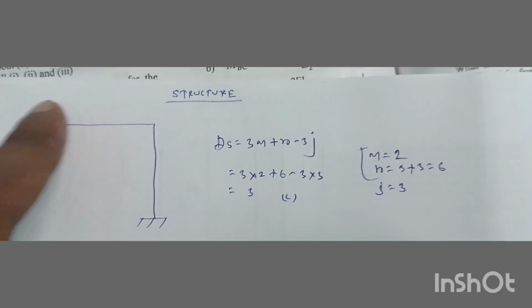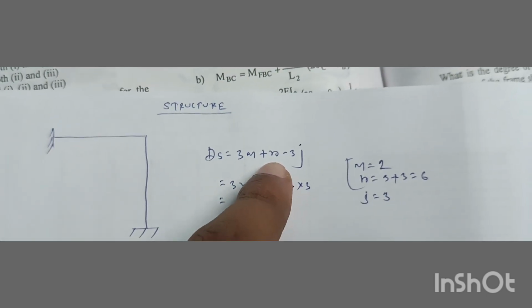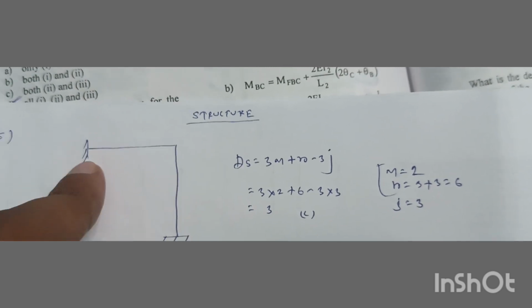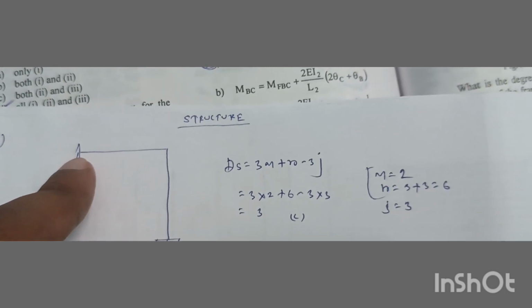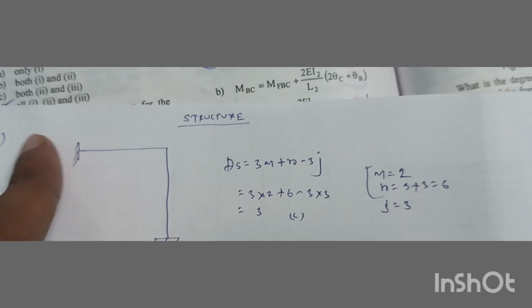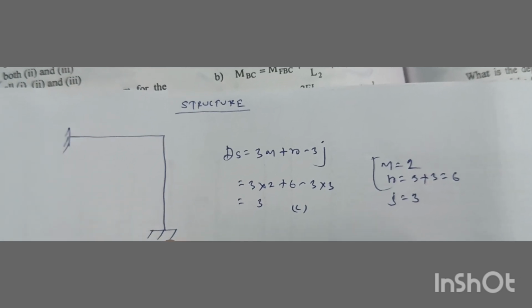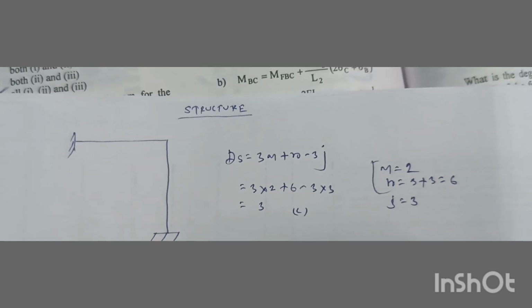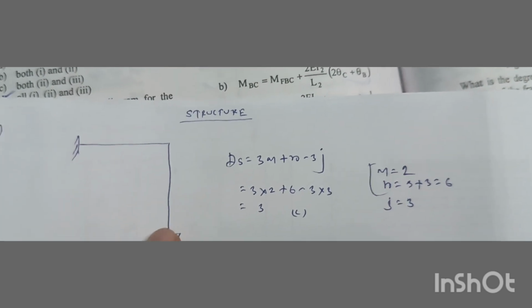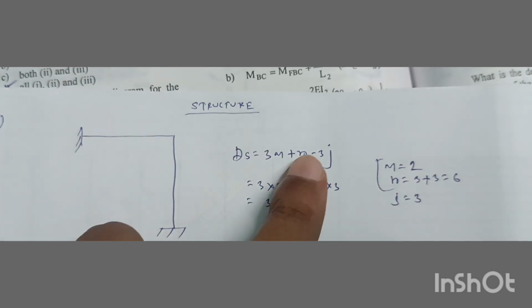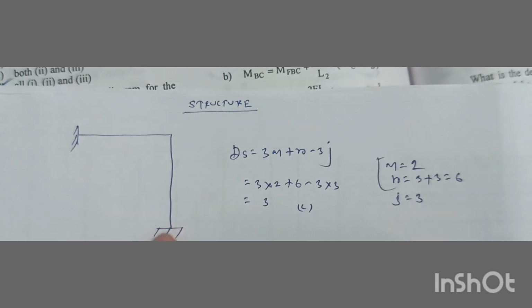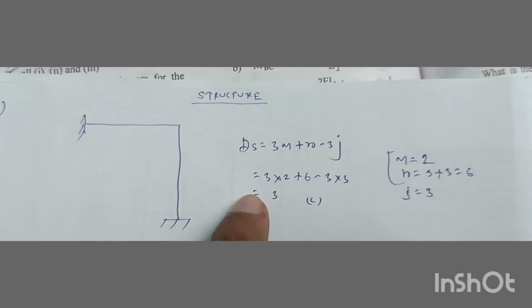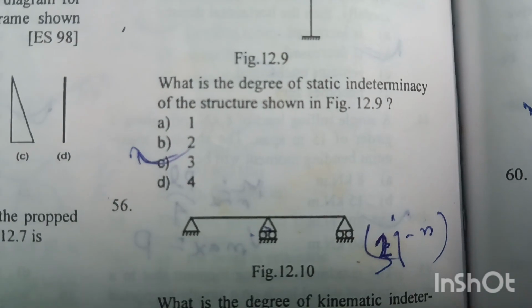So the number of members will be 2, and the number of reaction components will be 3 plus 3, 6. 3 means at this end the reaction will be 1 horizontal, 1 vertical and 1 moment, and at this end also 3, 1 horizontal component, 1 vertical reaction component and 1 moment. So 3 plus 3 equal to 6. R will be equal to 6, and j is the number of joints, 1, 2 and 3. J will be equal to 3. So if we put in all the values, we will get ds equal to 3. Option C is the right answer.